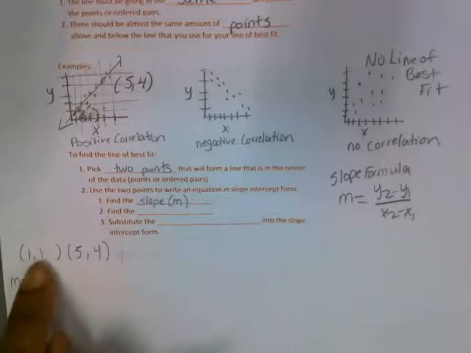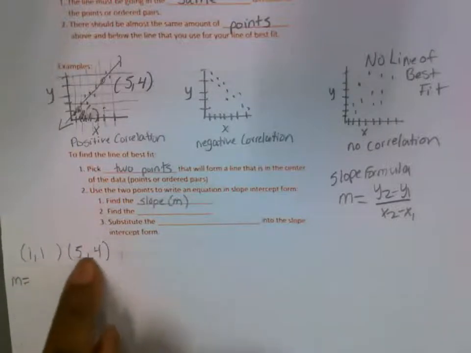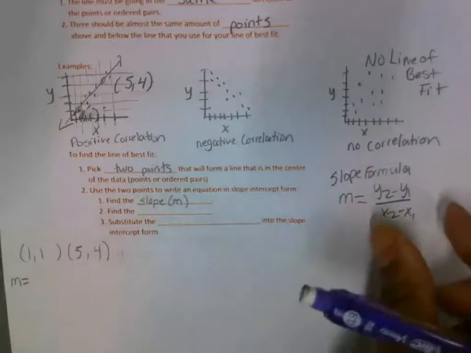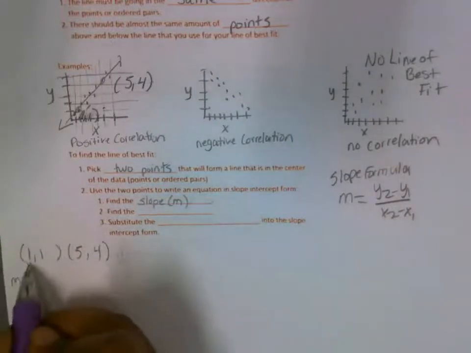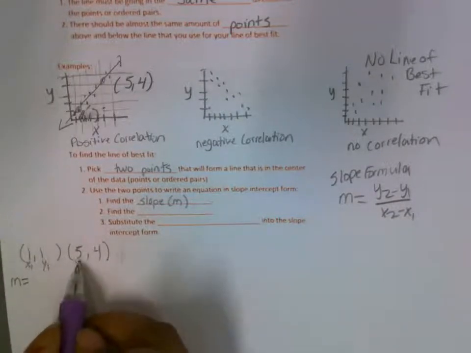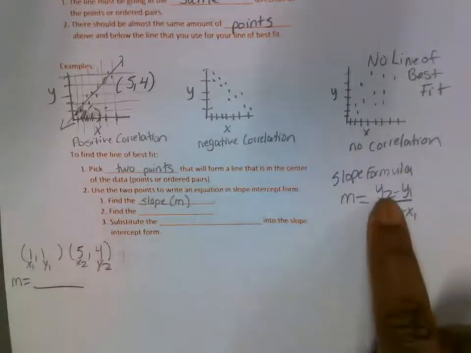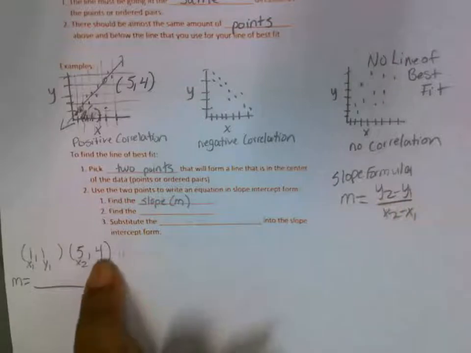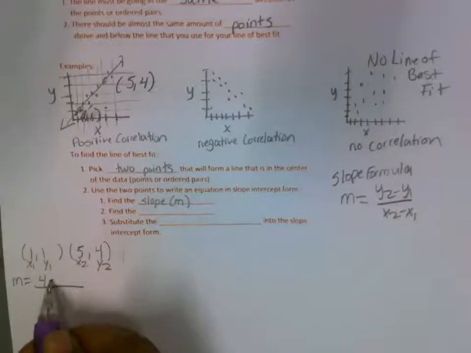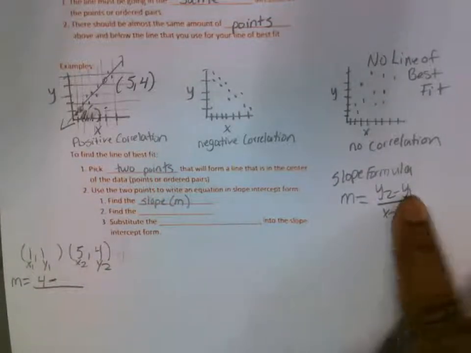Now I'm going to take these numbers and substitute them into the formula. This is x1, y1, x2, y2. On the top, my y2 is 4 minus my y1 is 1.